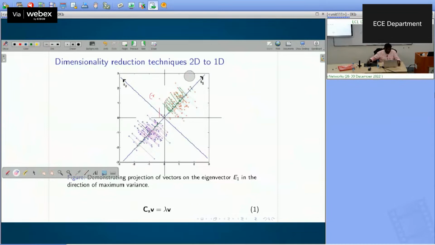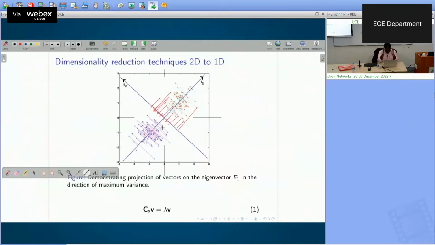Similarly, I can do the projection on E2, for example, like this, and like this, doing a lot of projections. These are all the projection points on E2.